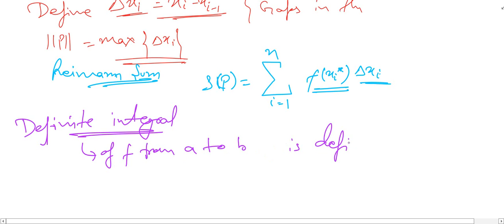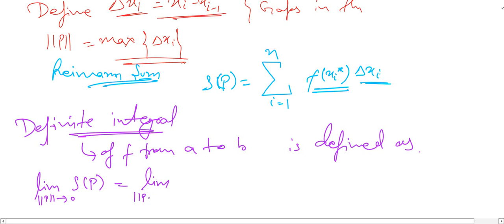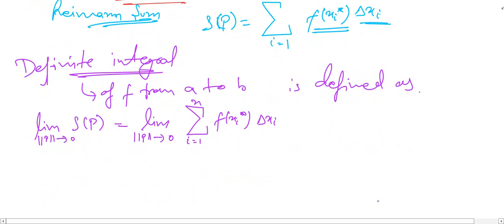is defined as the limit of what? Of the norm of P tending to 0 of Sp, which is equal to the limit as the norm of P tends to 0 of the summation of f of xi star times delta xi, where i varies from 1 to n, right?